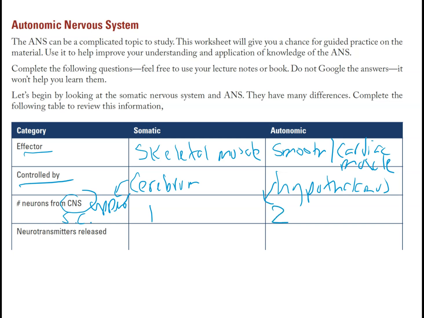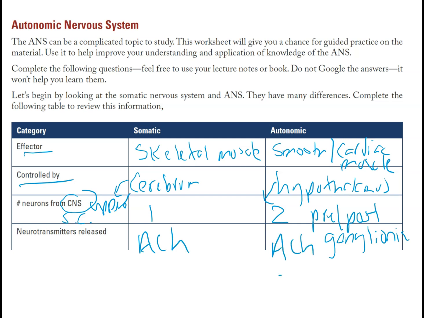Autonomic always has two. It has a pre and a postganglionic, because one goes to the synapse, to the ganglion, and one leaves it. Neurotransmitters: somatic is always acetylcholine, autonomic is a lot of acetylcholine, but also norepinephrine. So that's our overview of the autonomic nervous system.